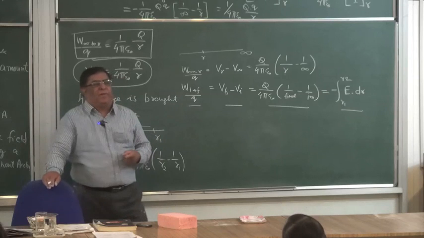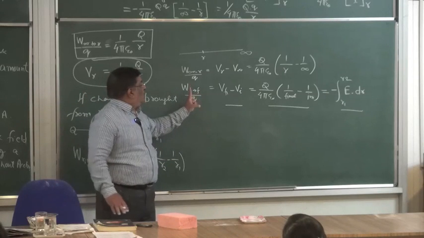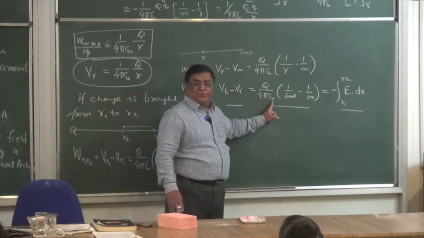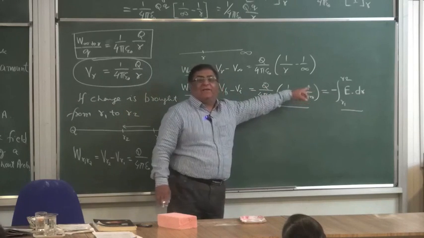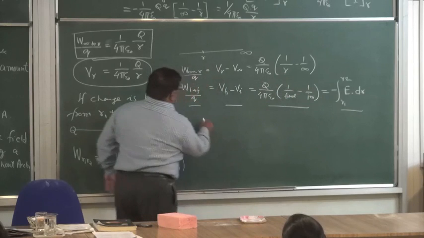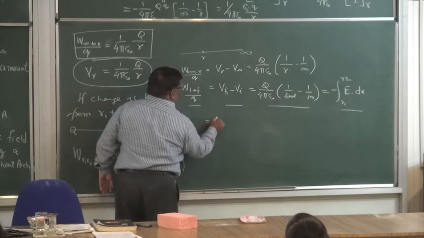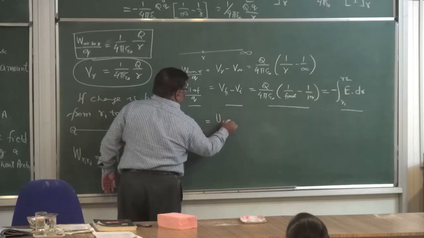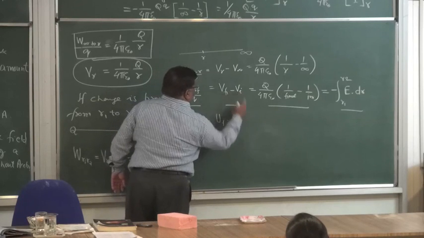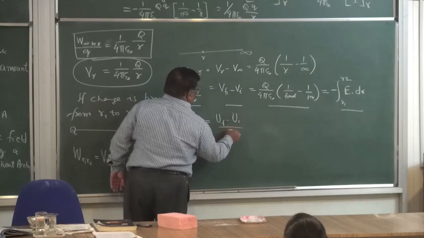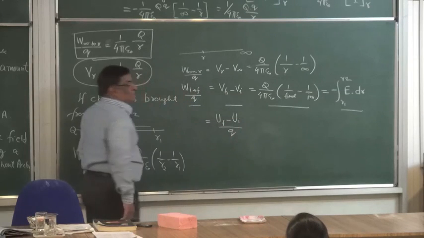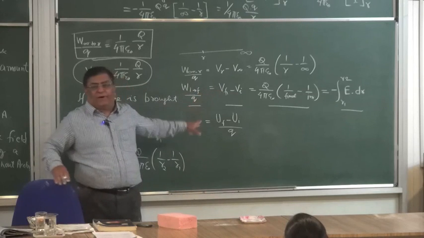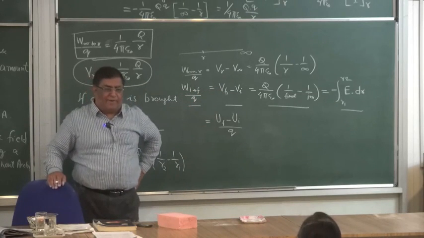But what you have to remember is the relation between work done, potential difference, charge, and that is electric field, and is equal to, एक और quantity छूट गई, what is that? Yes, U final minus U initial per unit charge. So 1, 2, 3, 4, 5, this you have to remember.